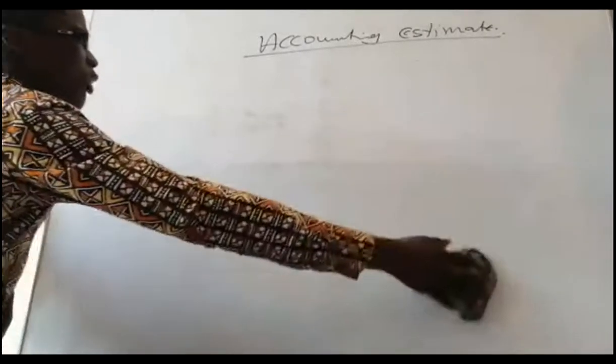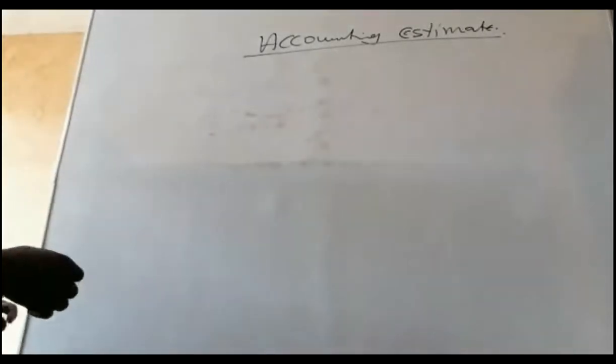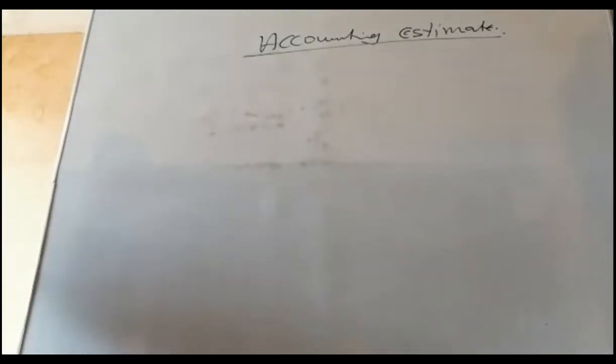So some examples of accounting policies are, one, the measurement of assets, that's PPE.